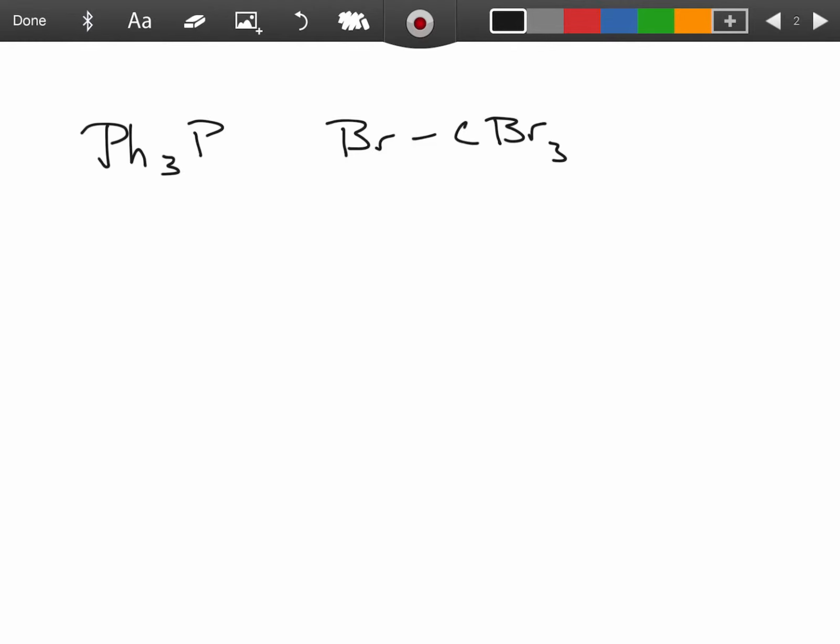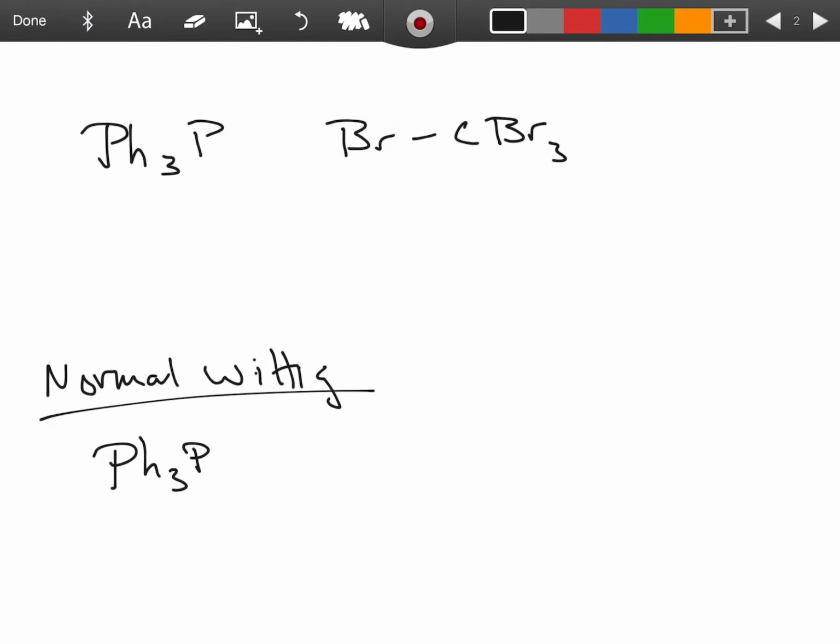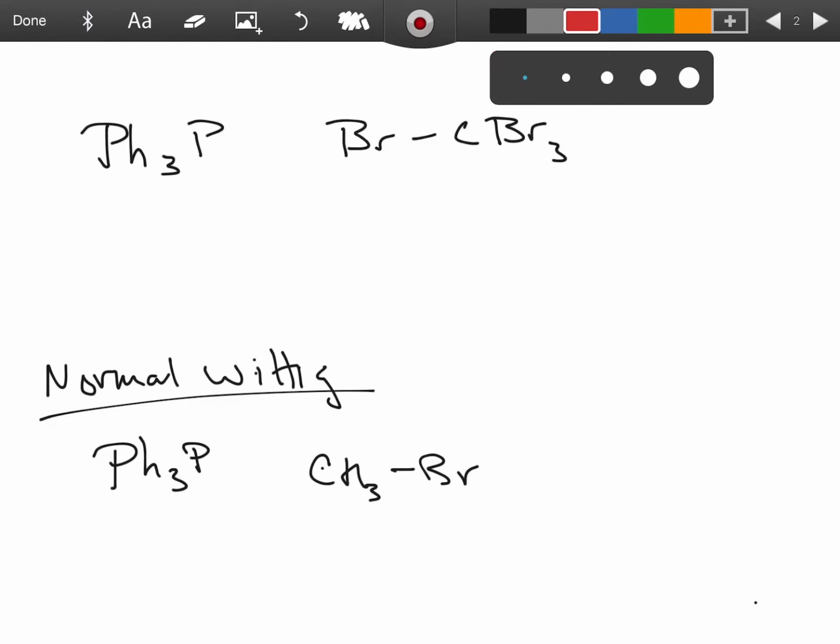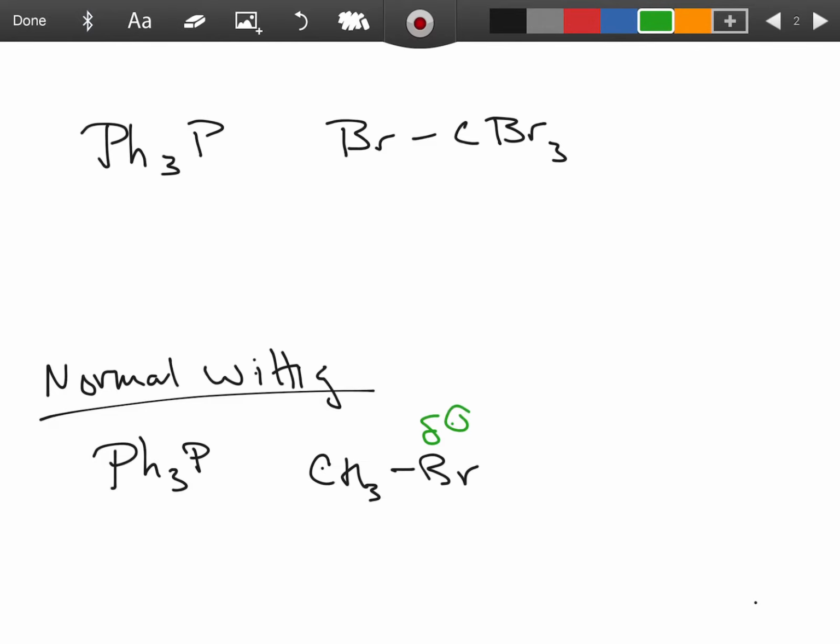Part of the reason is, if you look at the normal way, a normal Wittig, where you've got something like CH3 and just the bromine, it does an SN2 reaction. But why do SN2 reactions work? Because the bromide is partially negatively charged. It's pulled electrons away from the carbon, and it's made the carbon partially positive. So the carbon wants to be added to, right?